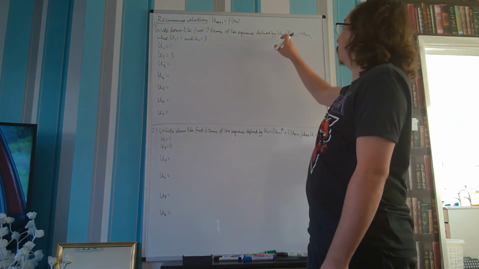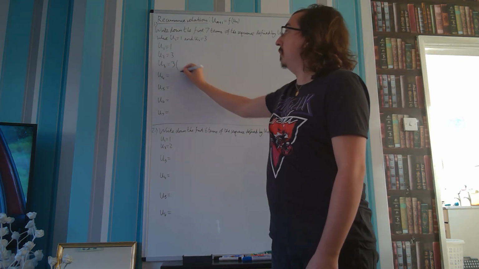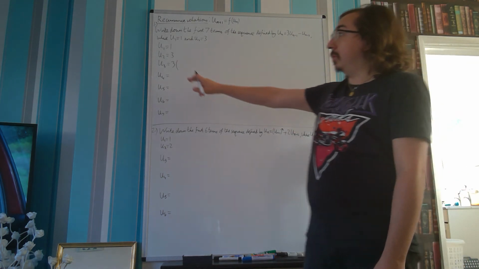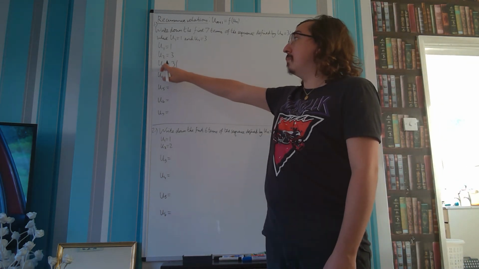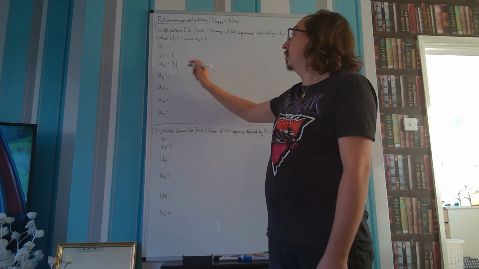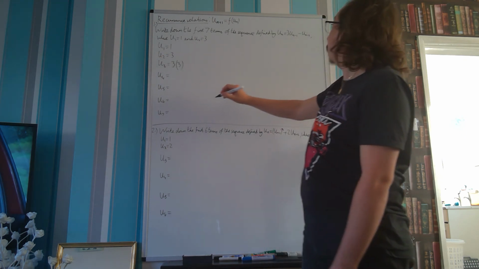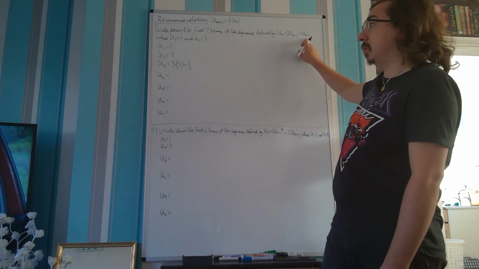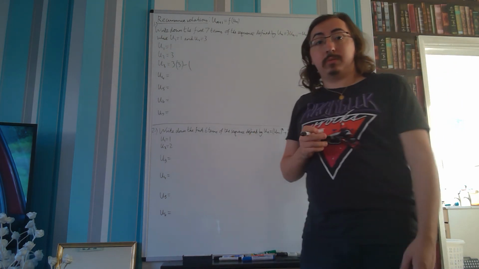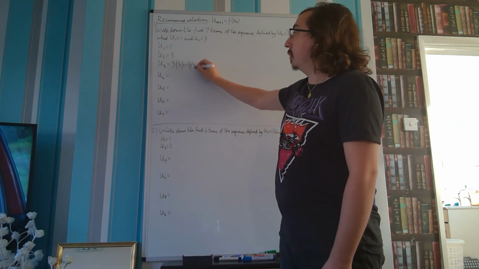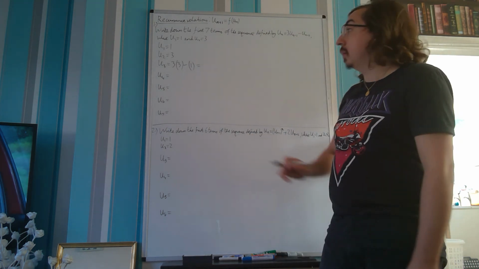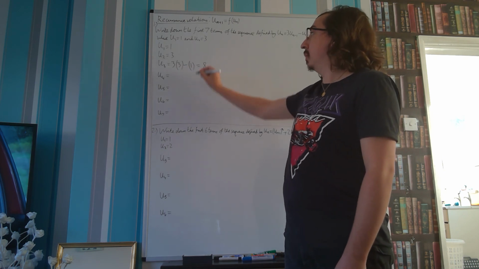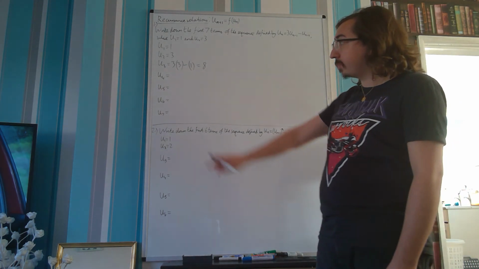So for the third term, we have 3 times u of n minus 1. Now, if we're at u3, u of n minus 1 is really u2. So we're multiplying by 3 minus u of n minus 2, which is equal to u1, and u1 is equal to 1. So then we multiply 3 times 3 is 9, minus 1 is equal to 8.